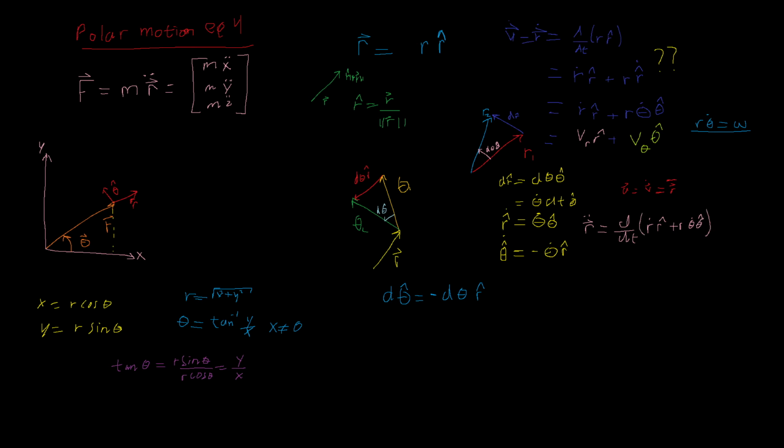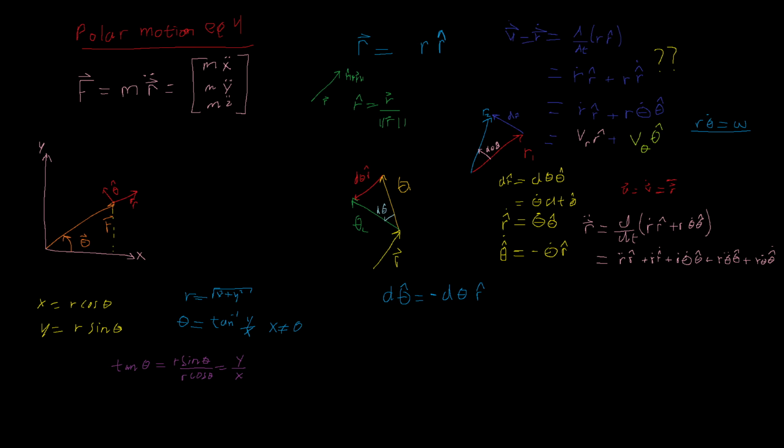And after we apply this, it's just simple product rule: r double dot plus r dot r hat dot plus r dot theta theta hat plus r theta double dot theta hat plus r theta dot theta hat dot.